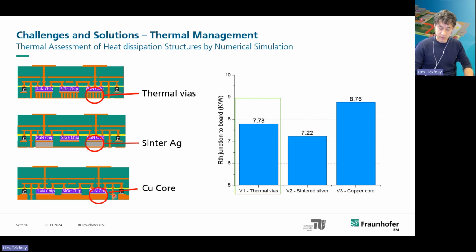So we made different simulations to see which material and which topology would be the best for taking out the heat dissipated. And the best compromise that we found was with these thermal vias because of the density in the manufacturing process.